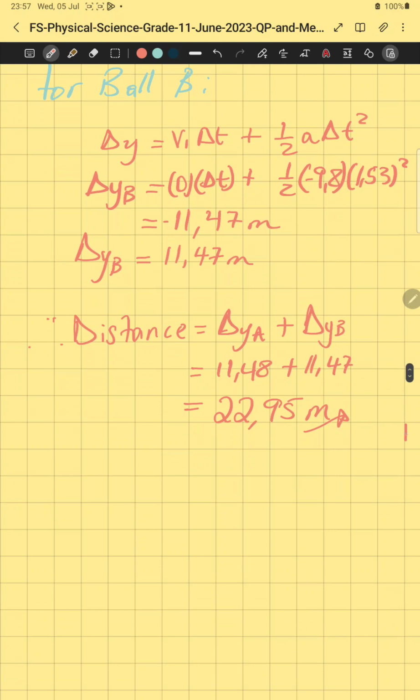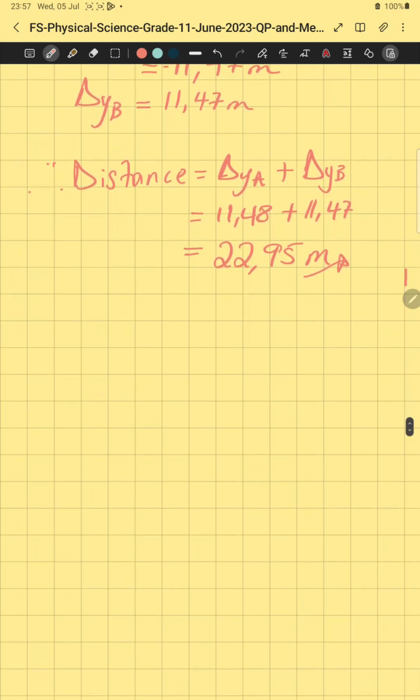Now let's sketch the graph. Perfect. Now we need to show the initial velocity.